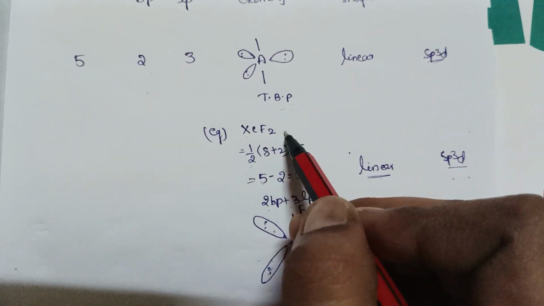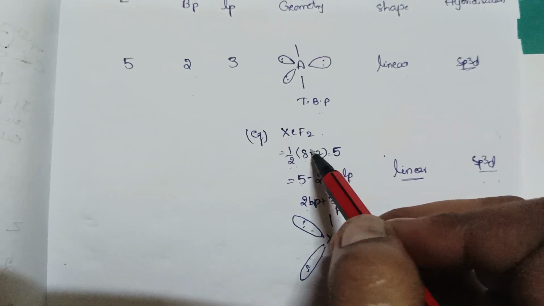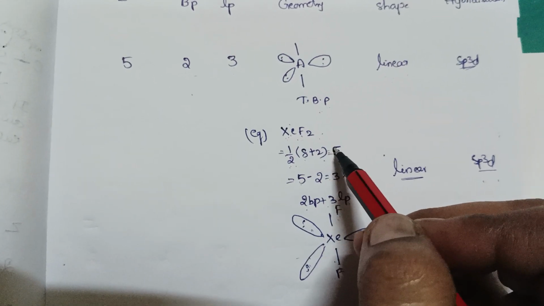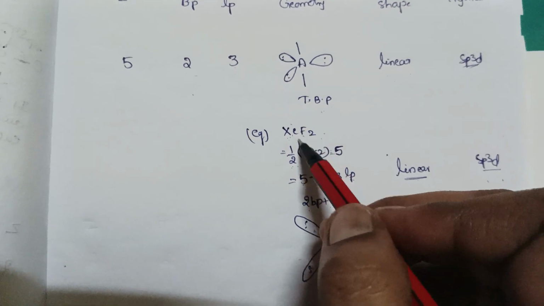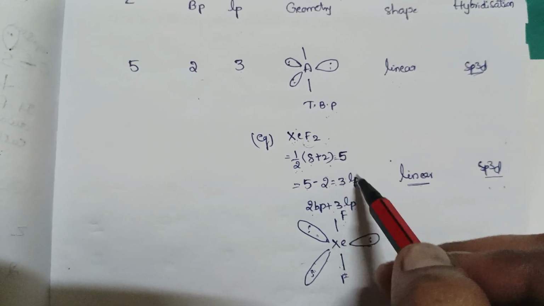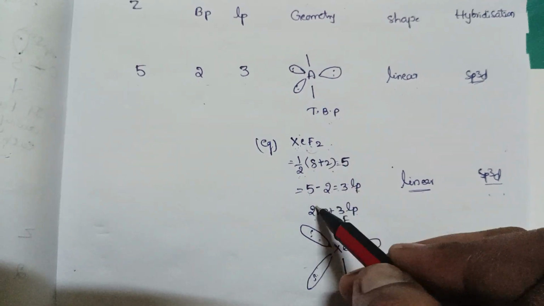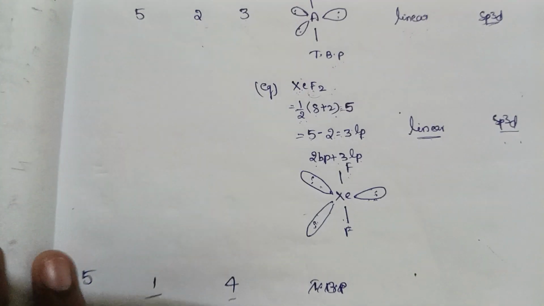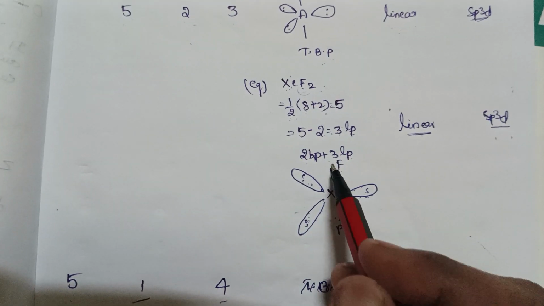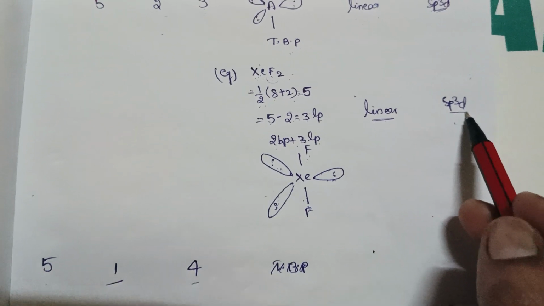If we take XeF2, 8 valence electrons are present in the xenon atom, and 2 monovalent atoms, no charge is present in XeF2, so Z equals 5. 5 minus surrounding atoms 2, which is 5 minus 2 equals 3. That is 3 lone pairs, and here 2 bond pairs and 3 lone pairs. Lone pairs will always occupy equatorial positions. More electronegative atoms will occupy only axial positions. The shape is linear. The hybridization is sp3d.